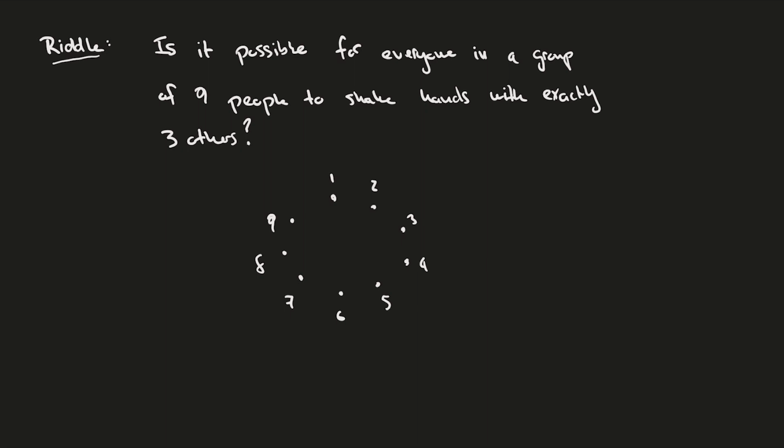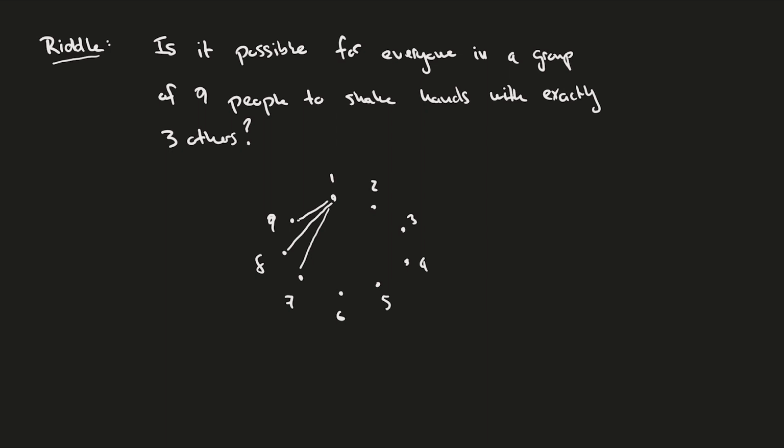So for example, we could have 1 shaking the hand of 9 and vice versa, maybe also 1 and 8 and 1 and 7. And now 1 has maxed out on how many people he's allowed to shake hands with. We can continue.